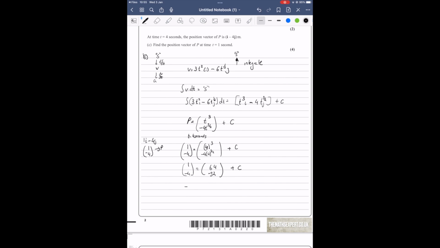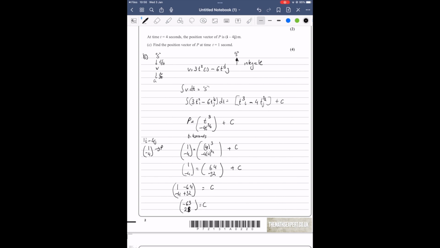You're going to get 1, minus 4, minus 64, plus 32 equals c. I simply move that vector to the other side, and then that gives minus 63, plus 28, equals c.